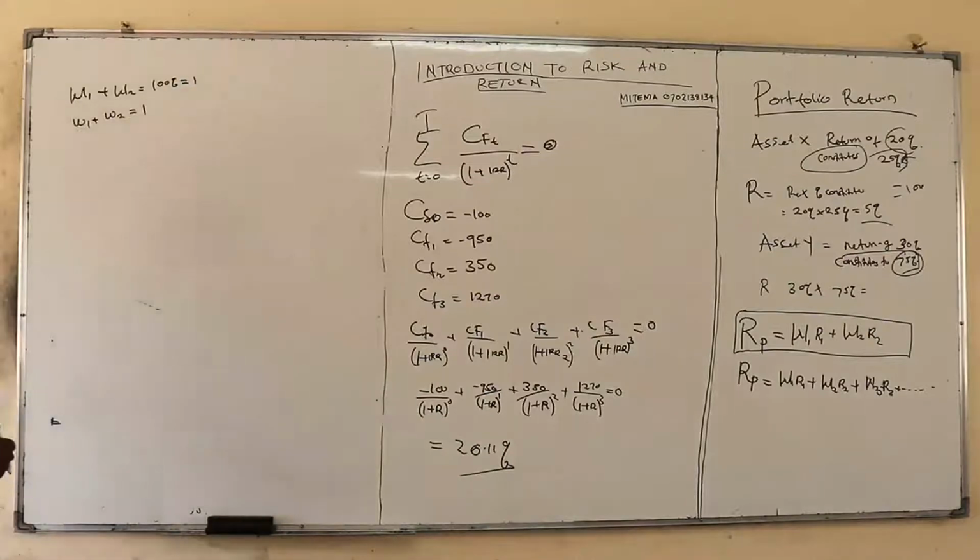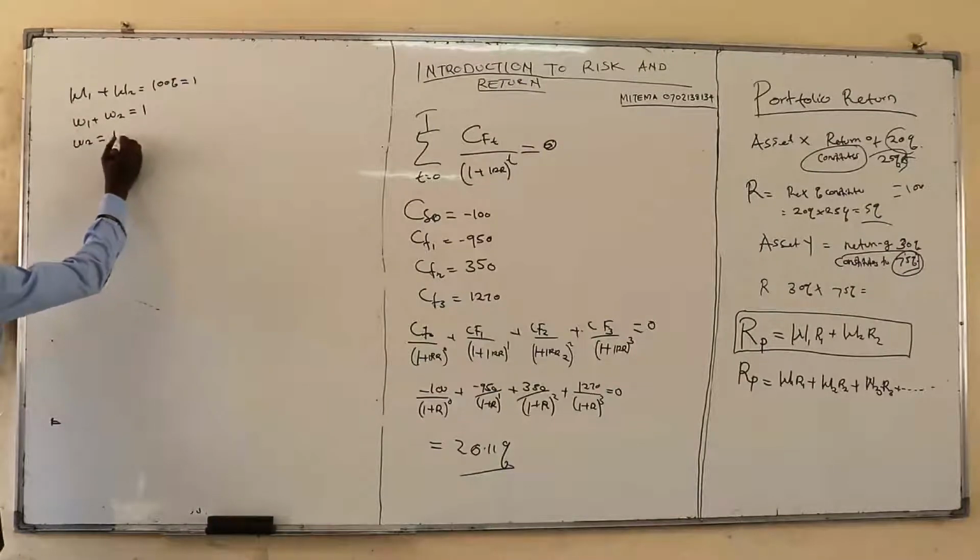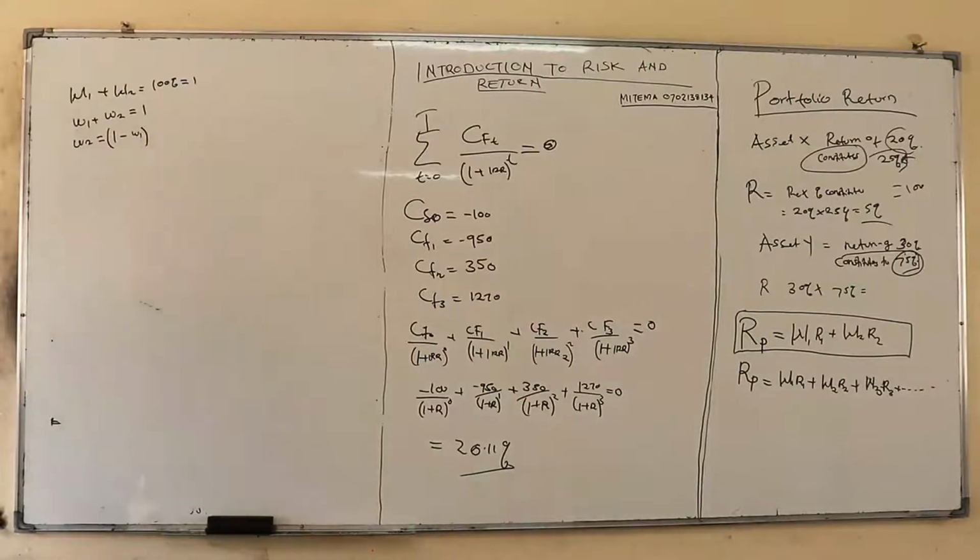So from here, we can write that the second weight, W2, is equivalent to 1 minus W1. It would be 1 minus the weight of the first asset.